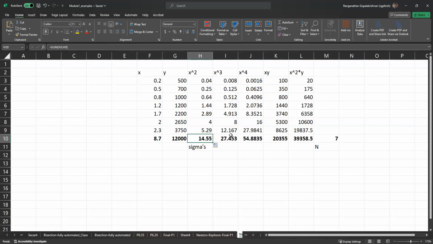What is the second equation? Sigma xi yi equal to a naught sigma xi plus a1 sigma xi squared plus a2 sigma xi cubed.